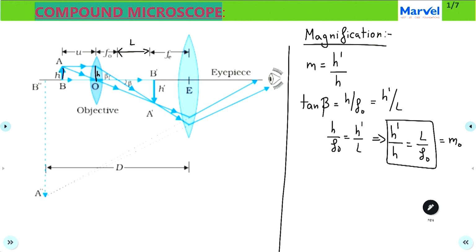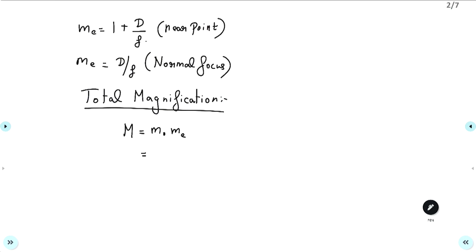It is L by f naught. L by f naught into M E, which is nothing but 1 plus D by f e for the near point.